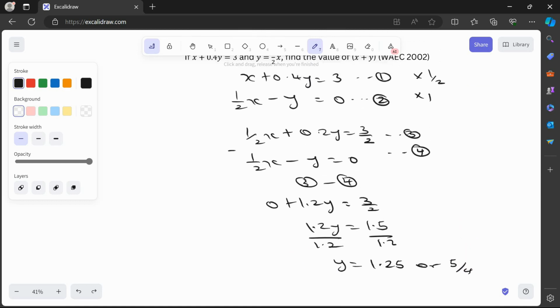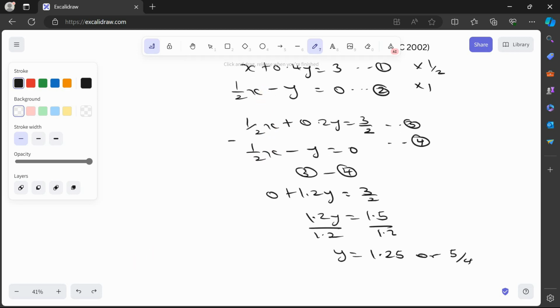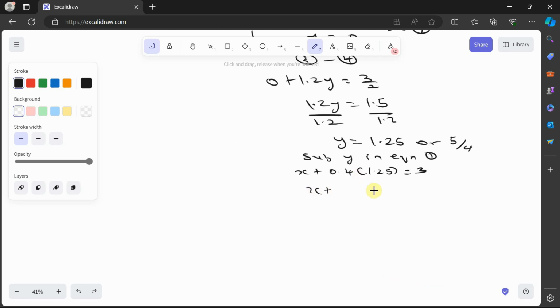So I'll just substitute into equation 1, which is x plus 0.4y is equal to 3. Anywhere I see y, I'll put 1.25. So that will be x plus 0.4 times 1.25 is equal to 3. If you multiply these two, you have x plus 0.5 is equal to 3.